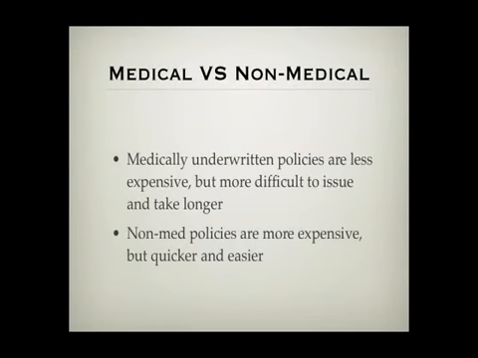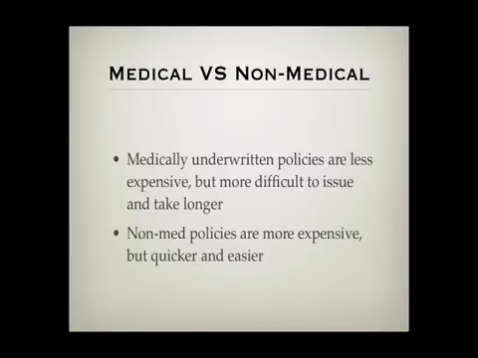Let's talk a little bit about medical versus non-medical policies. Each of the three types of policies we've talked about, whole life, universal life, and term life, come in medical and non-medical types. Medically underwritten policies are policies that have more health questions on the application, generally include a check of the MIB, the Medical Information Bureau, and might require an APS, an attending physician statement, and will require a paramedical exam.